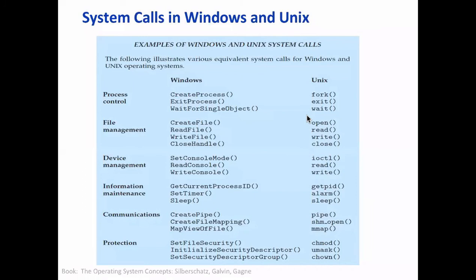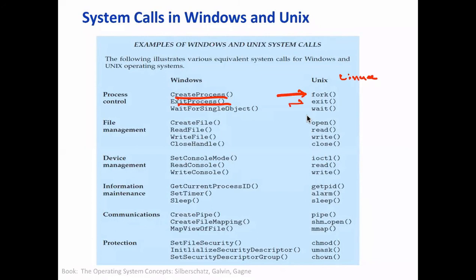Some of the system calls we have already looked at. For example, to create a process, in Windows we have CreateProcess, while in Unix, or Linux, which is the same, we have fork. To exit a process, there is an exit syscall.